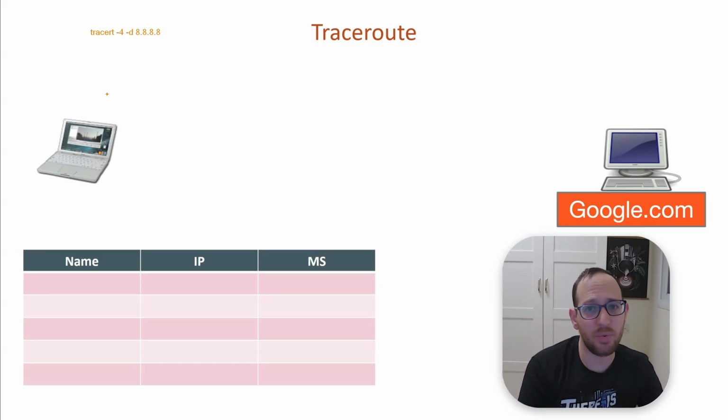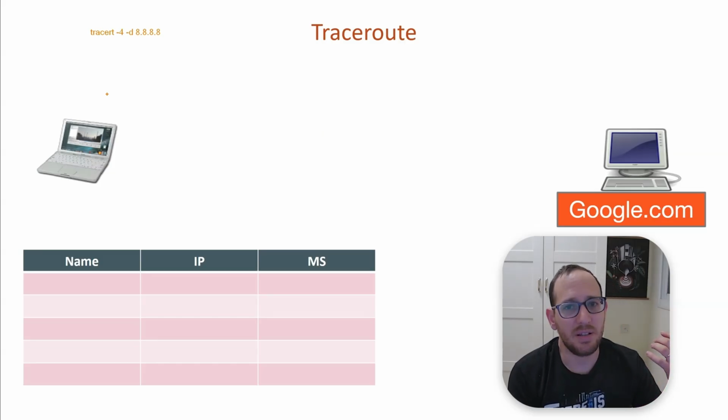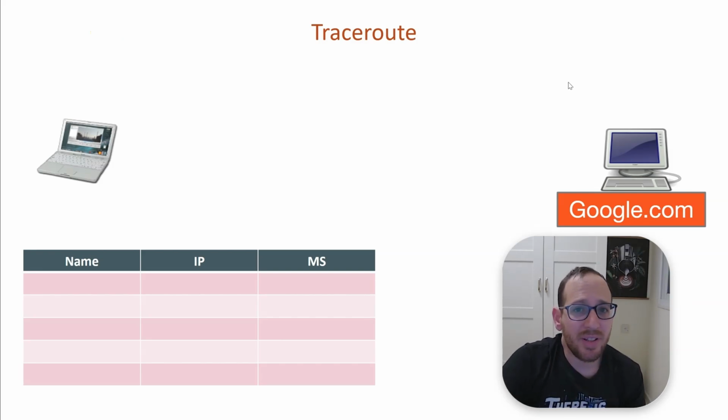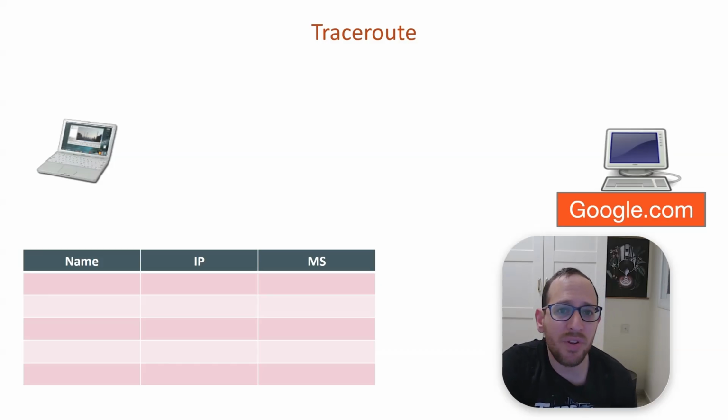There are other ways to do that too, but I wanted to focus on traceroute because I think it shows a good example of a few things we covered in this lesson. So what does tracert actually do? Tracert exploits a very specific trait of the IPv4 header in order to find all the intermediary routers between the source machine and the destination machine.